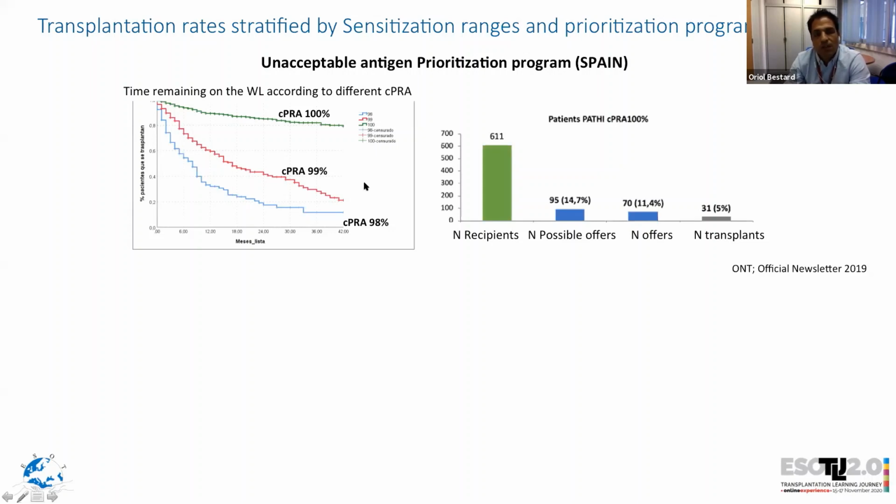However, those in the highest range, CPRA 100%, the likelihood of being transplanted or even receiving an offer is extremely low. In our country, for example, it doesn't reach 20%.